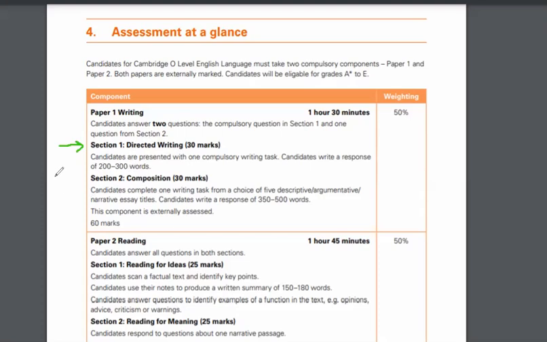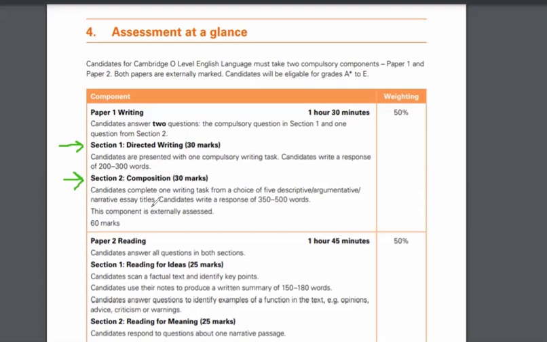Okay. Now, section 2. This is where you can show your creativity. Composition, this is worth 30 marks. As you can see, both the questions hold equal marks. In question 2, candidates complete 1 writing task from a choice of 5 descriptive, argumentative or narrative essay titles.